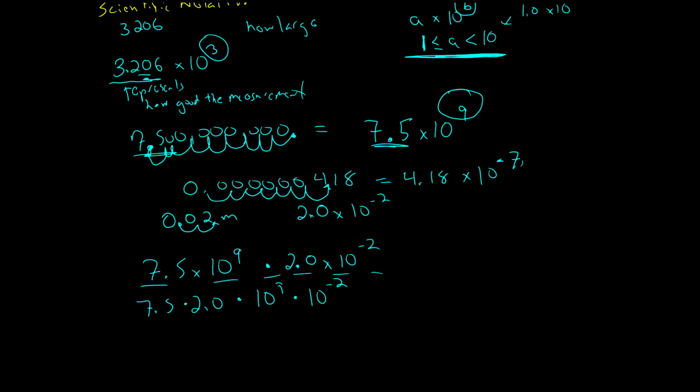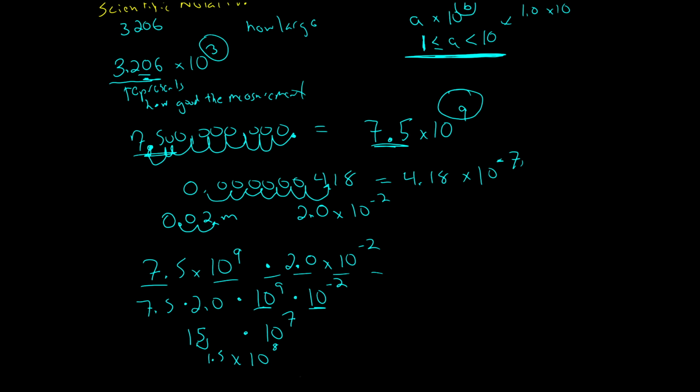And so now I have the same base times the same base, so I add exponents. So that's 10 to the 7th. And 2 times 7.5 is 15. Now this is bigger than 1, so I'm going to move my decimal place over 1. And that extra decimal place goes into my power.